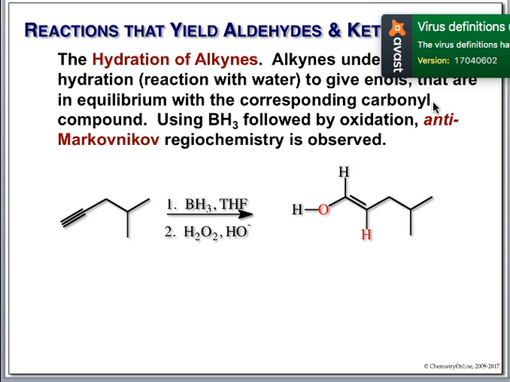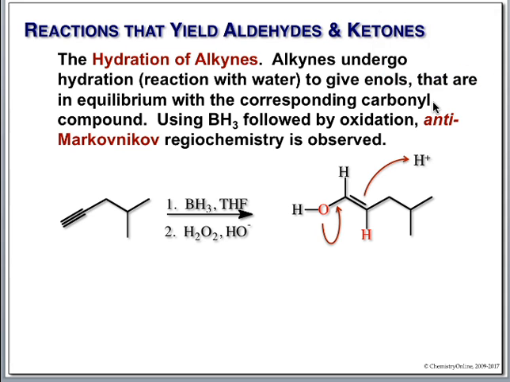And just like before, this enol is going to rearrange spontaneously into the corresponding carbonyl. Electrons flow in, pick up a proton here, and we make, in this case, the aldehyde. Any questions on all of 234?